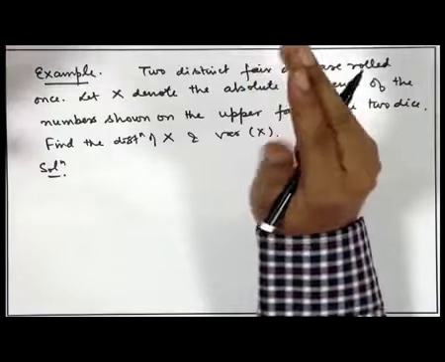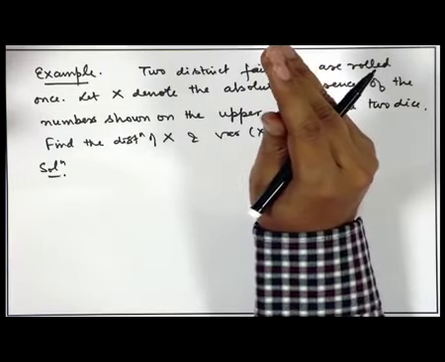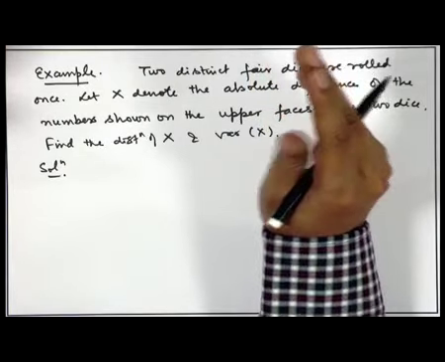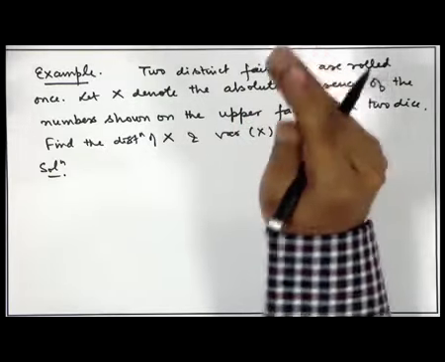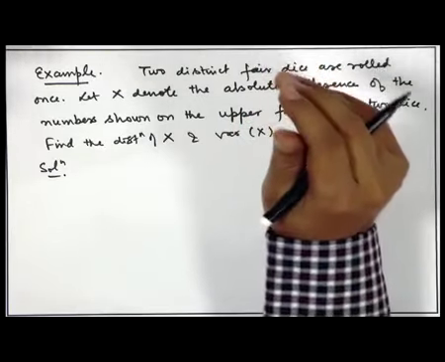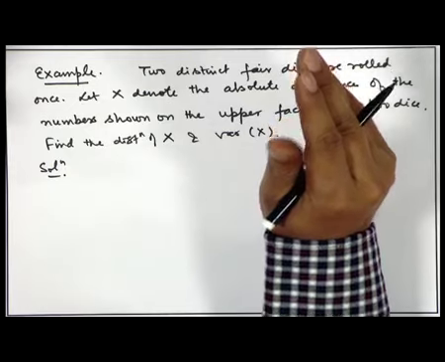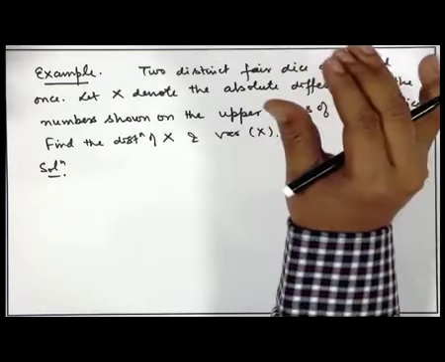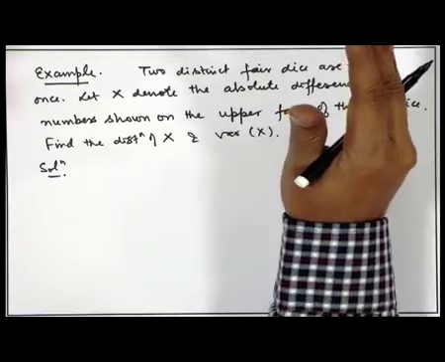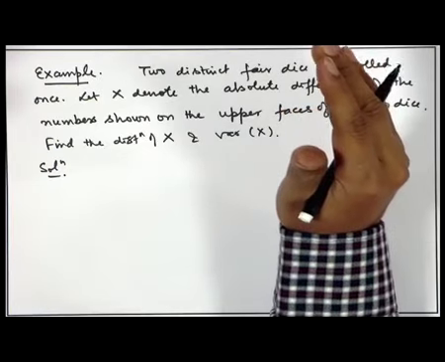If we have 1 1, the difference is 0. If it is 2 2, the difference is 0. If it is 1 2, the difference is minus 1 and the absolute difference becomes 1. If it is 3 6, the difference is minus 3 and the absolute difference becomes 3, and so on.